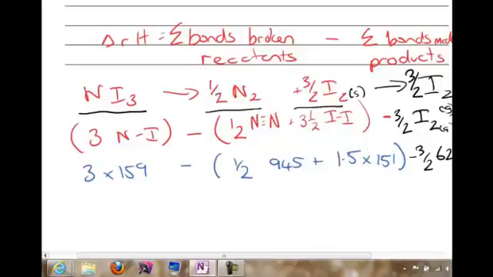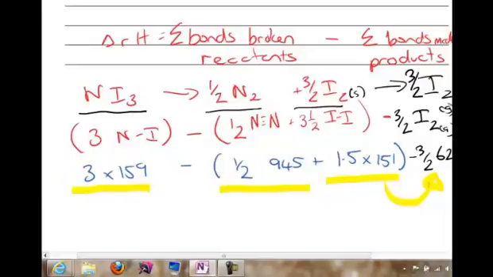And in this bottom line, all I'm really doing is replacing everything with numbers. That's 3 times the N-I bond enthalpy, half of 945 for the triple bond of nitrogen, 1.5 times 151 for the iodine bond, and then because we go from a solid to a gas, it's 1.5 times 62 for the sublimation enthalpy.